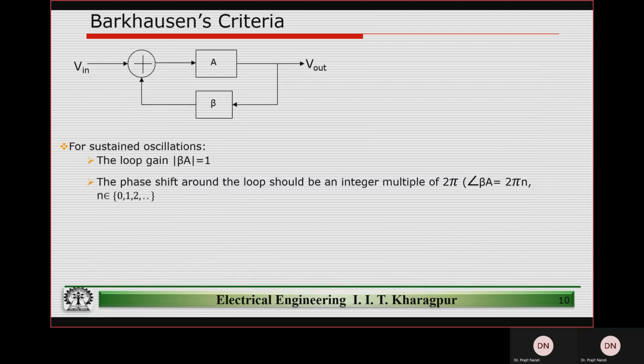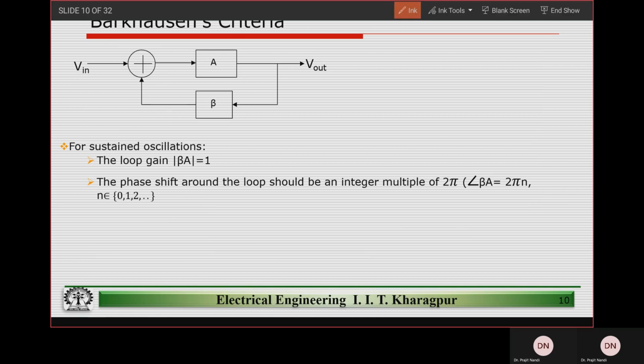And then we come to the Barkhausen criteria. Before we go into actually designing an oscillator, it's important to visit the Barkhausen criteria, which says that if we have a loop, the transfer function of this loop is nothing but A divided by 1 plus A beta.